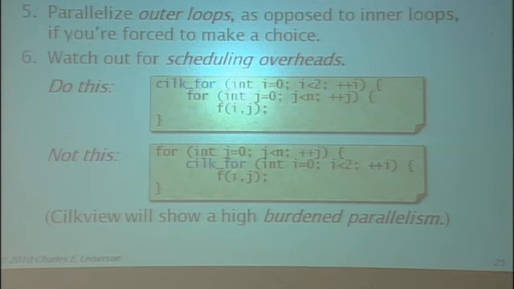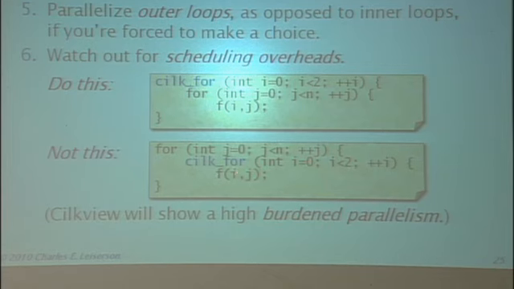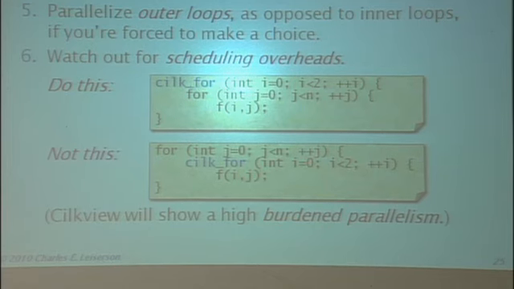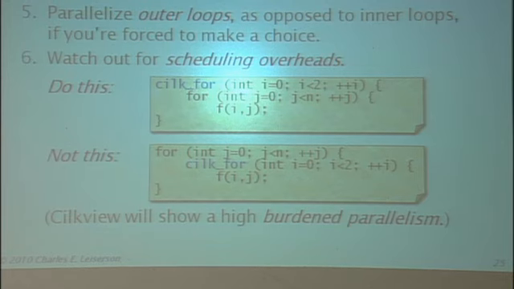And it recognizes that, oh, gee whiz, this thing really has very small work, that there's almost no work in here. So you're trying to parallelize something where the work is so small it's not even worth migrating it to take advantage of it. Okay? So those are some tips.